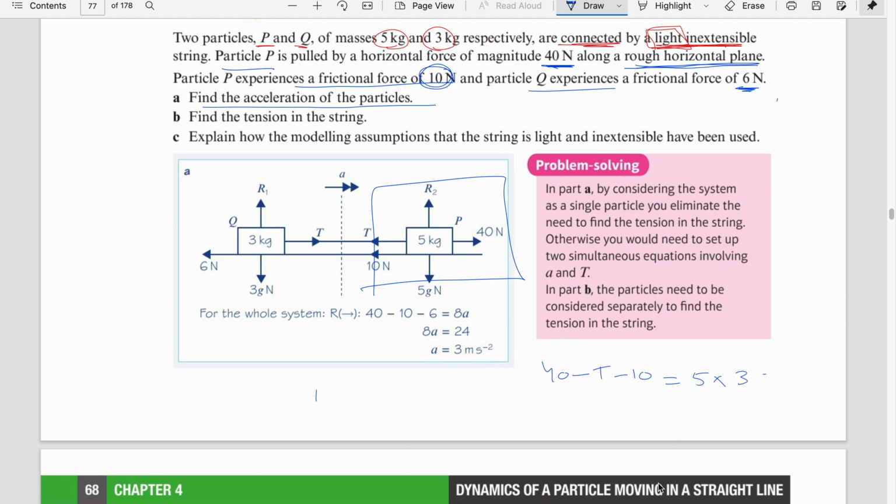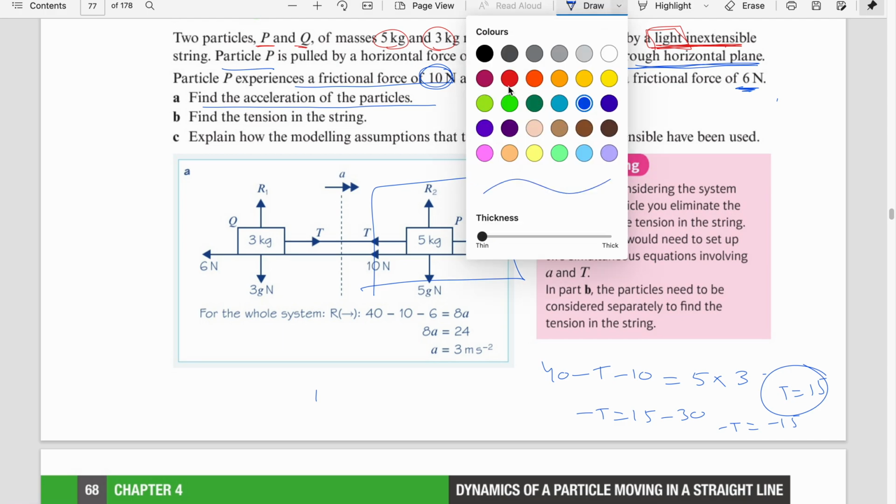So minus T equals 5 times 3, that is 15, and 40 minus 10 is 30. Taking 30 to the other side, minus T equals minus 15, which is T equals 15.